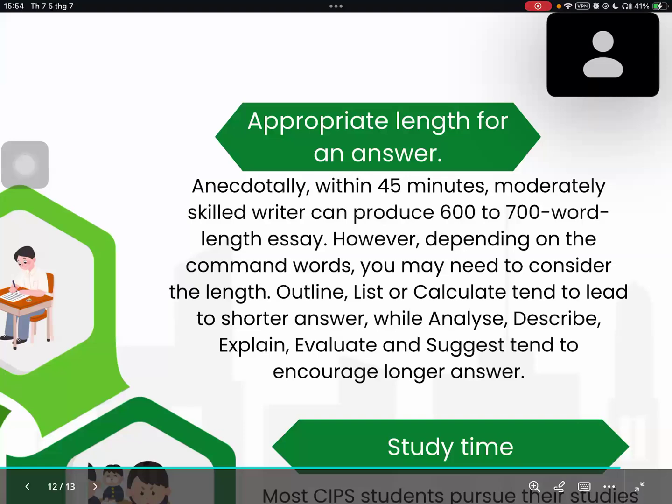But with other kinds of command words like analyze, describe, explain, evaluate, assess, or suggest, of course they encourage long answers, and the more you can produce, the better. Of course, they need to be correct, not just unstructured words or some rambling, but they need to be to the point.